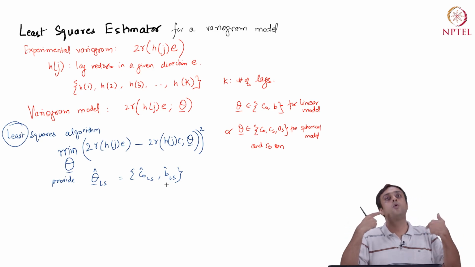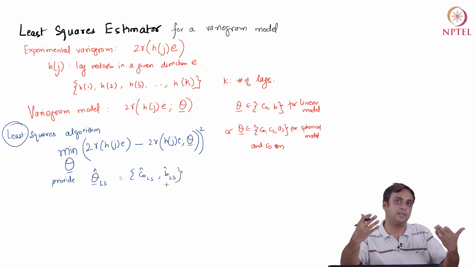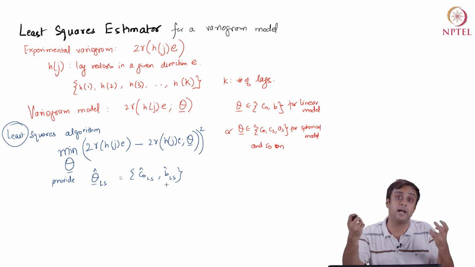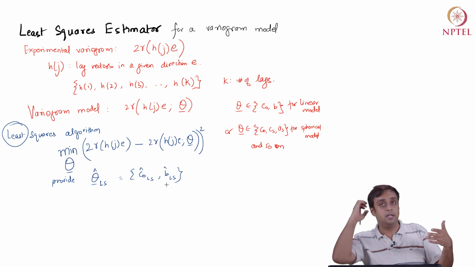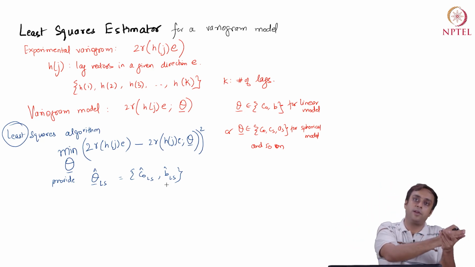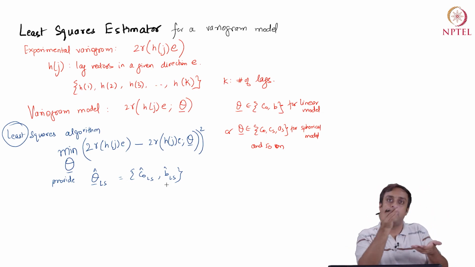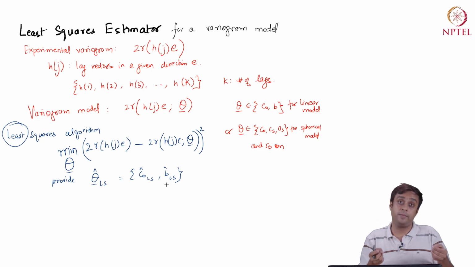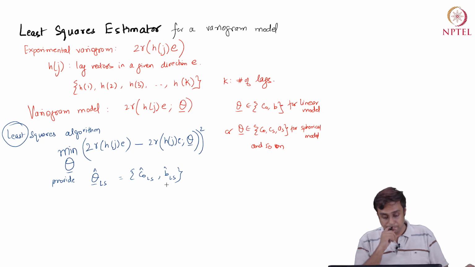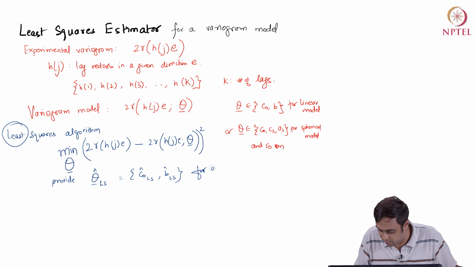Now, remember C O hat least squares or B hat least squares are alternative estimates for the same model parameters, nugget effect and the rate of decline in spatial dependence, through a different algorithm called the least squares algorithm. Earlier, we evaluated C O hat ML and B hat ML. We just have alternative estimates of the same here. Now, I must specify that this is for a linear variogram.